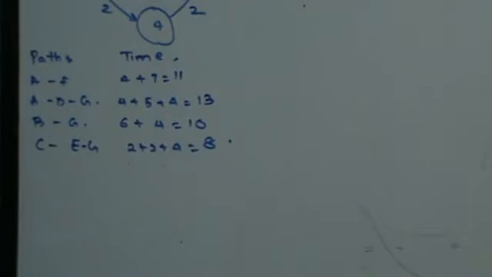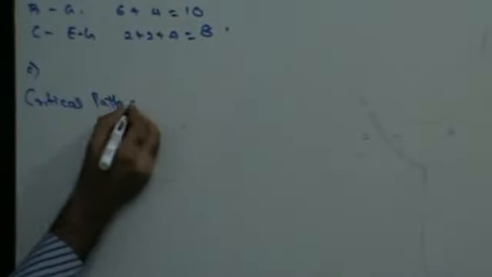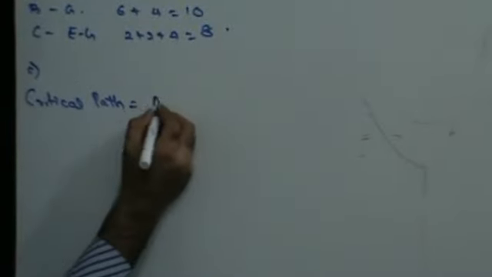Once you have this, now my maximum time is 13 days, therefore my project completion time is going to be 13 days. The path that gives me the project completion time is going to be my critical path. So A, you draw the network diagram. B, you calculate the paths. C, now the critical path is going to be nothing but ADG.